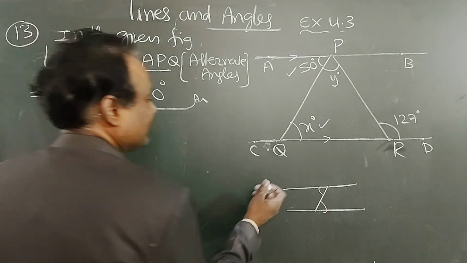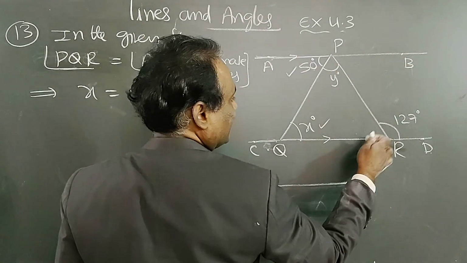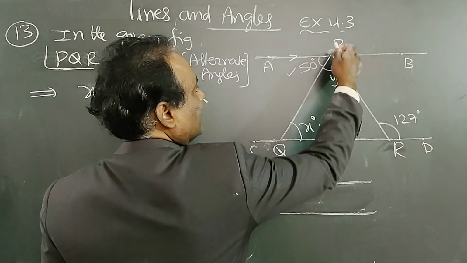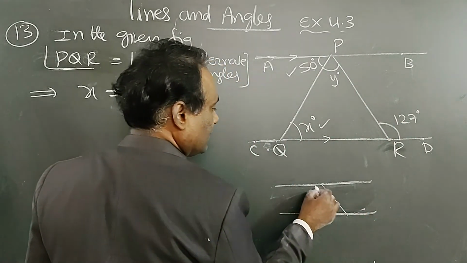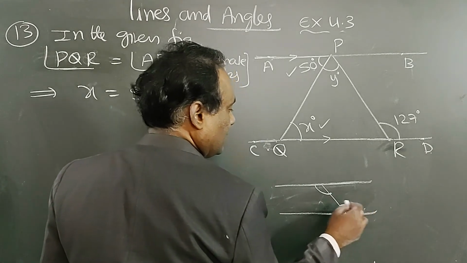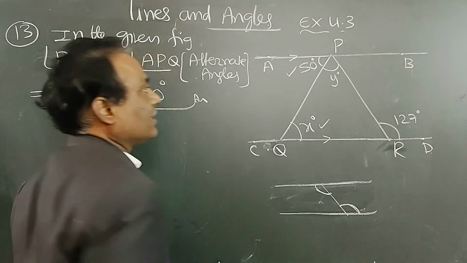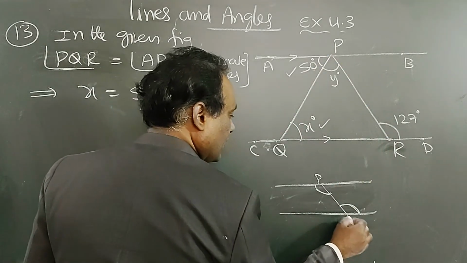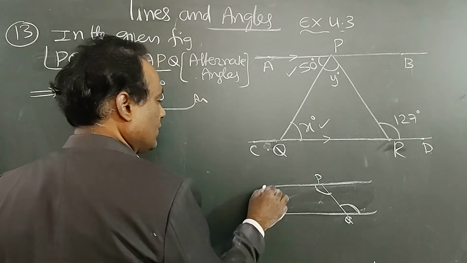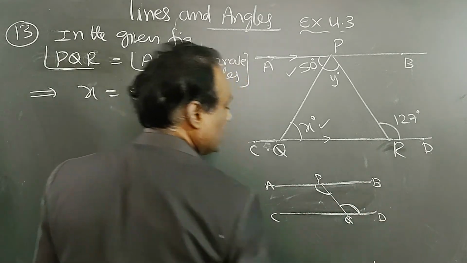Now, see here, this line, this transversal I will draw. These two are alternate angles, students. PQ is a transversal, AB is a line and CD is a line.